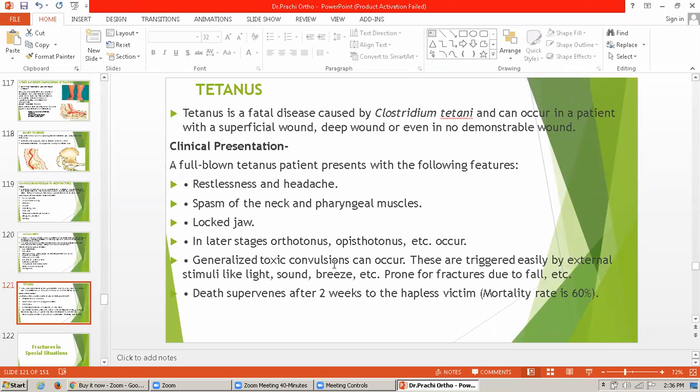Generalized toxic convulsions can occur, triggered easily by external stimuli like light, sound, breeze, and the patient is prone to fractures due to the fall. They supervene after 2 weeks in the helpless victim, and the mortality rate in tetanus is 60%. So this is also an important complication of the fracture.